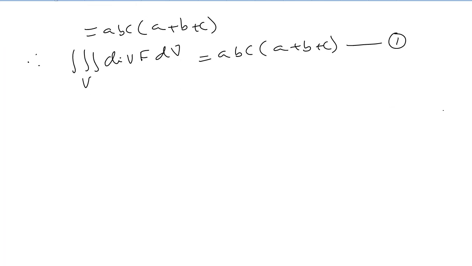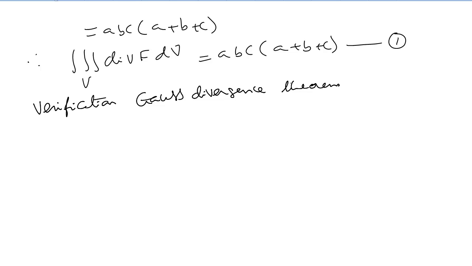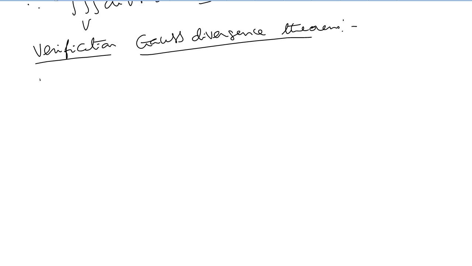Now, verification of the Gauss Divergence theorem. It is nothing but finding the double integral with respect to each and every surface. Already we discussed in surface integral. So, one by one.